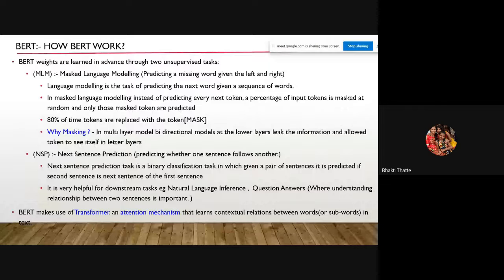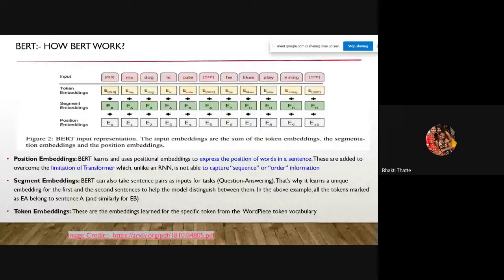which is done in BERT. BERT makes use of transformer and attention mechanism that learns contextual relation between words or subwords in the text. Okay, then going to the next slide, how BERT works. Basically, when a sentence comes in, BERT first does the position embedding, then the segment, that is sentence embedding, and then the token embedding.